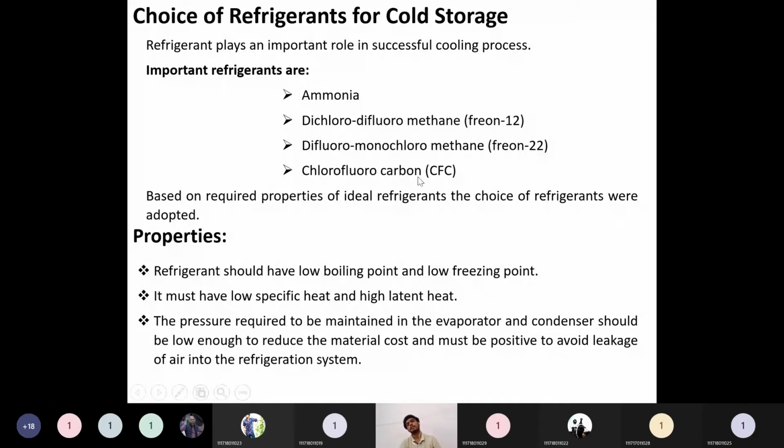Due to various environmental reasons like ozone layer depletion, the use of chlorofluorocarbons has to a large extent been stopped. But ammonia has a very high coefficient of performance in the refrigeration cycle. Because of this, many cold storages usually adopt ammonia as their refrigerating agent.